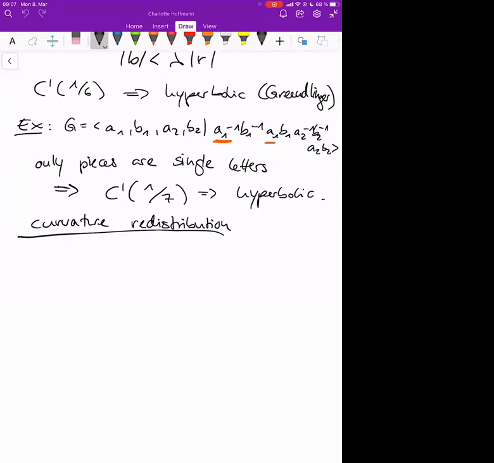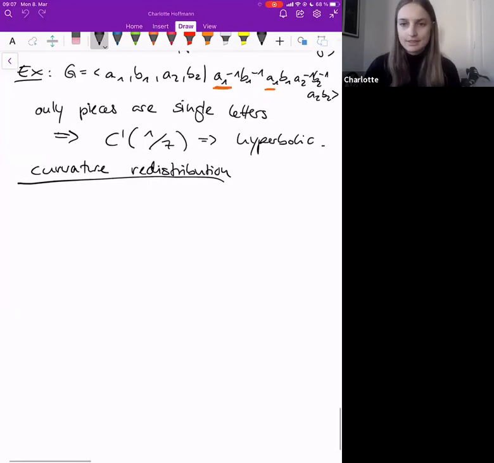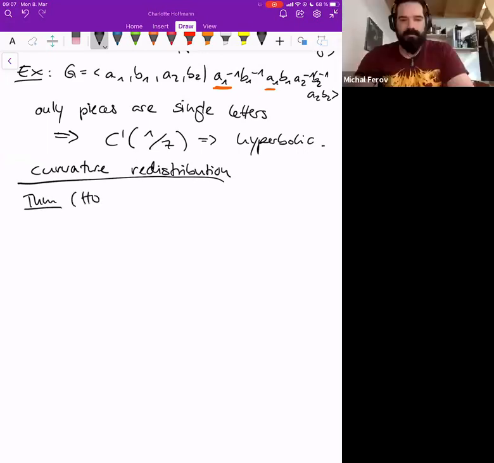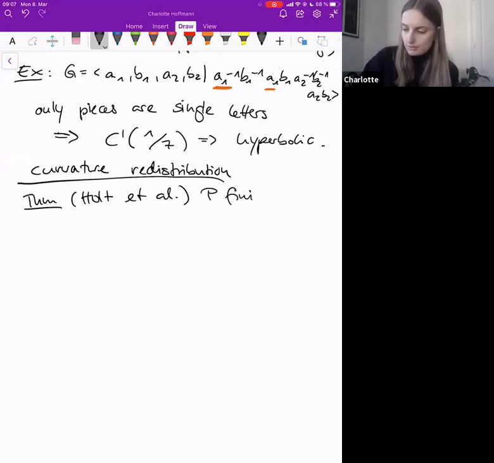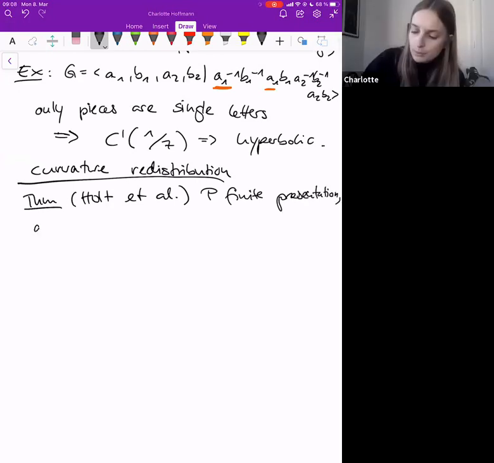Okay, good. So let's head to the second part: this curvature distribution. For this, I'll have this theorem that if you have a finite presentation, and now I will assume that all relators are of length larger than 3.